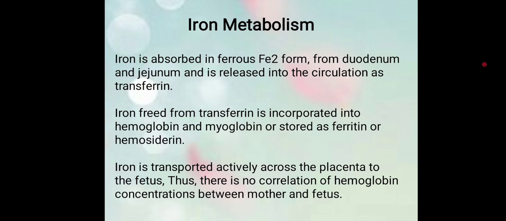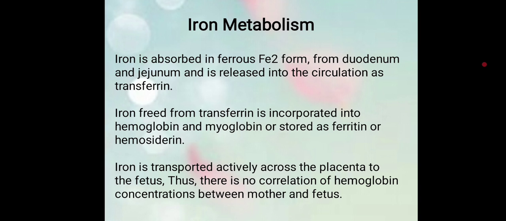Iron metabolism. Iron is absorbed in ferrous form from duodenum and jejunum and released in circulation as transferrin. So ferrous is the absorbable form of iron. تمام. والtransferrin هو الglycoprotein، هو main transporter protein of iron في circulation, responsible to transport iron to various tissues. تمام. Iron is freed from transferrin and incorporated into hemoglobin mainly and myoglobin or stored.